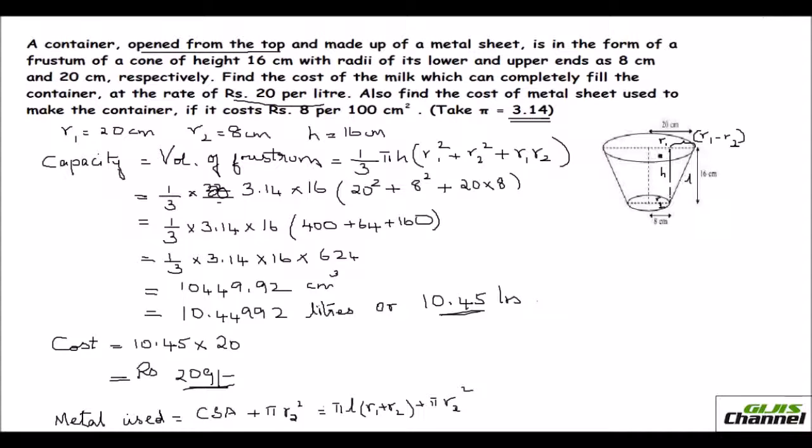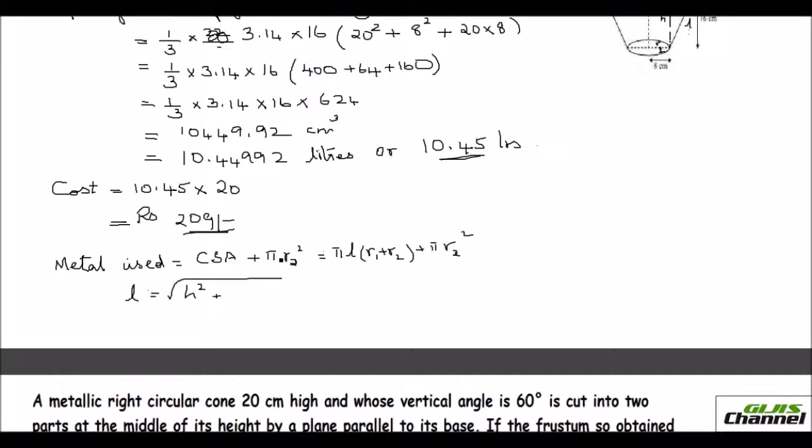So from R1 you take away R2 to get this portion, that is R1 minus R2. So using the Pythagorean formula, my L square is equal to h square plus R1 minus R2 the whole square.